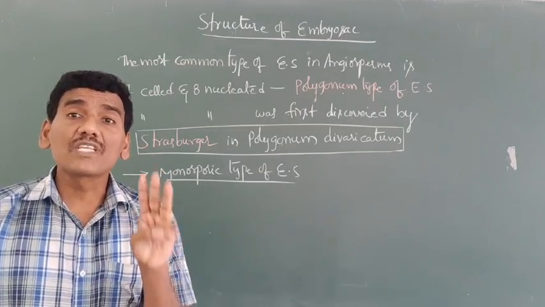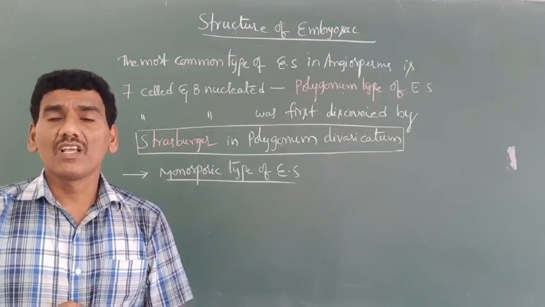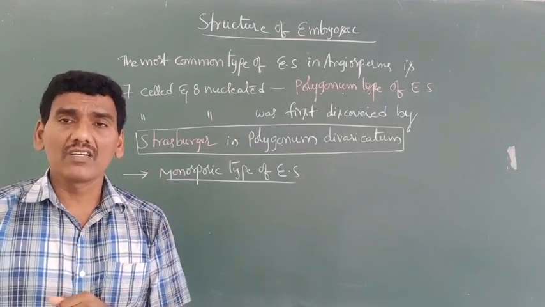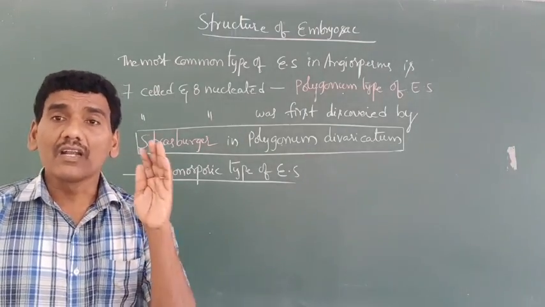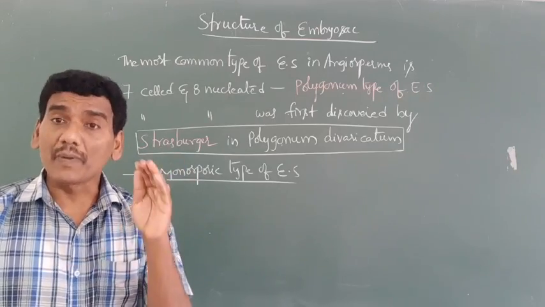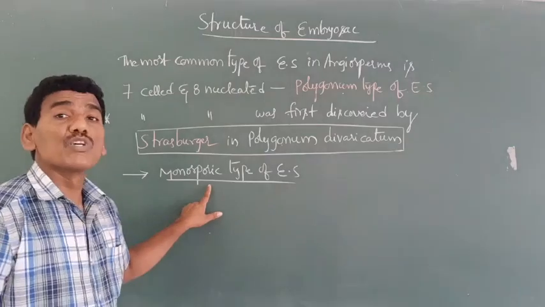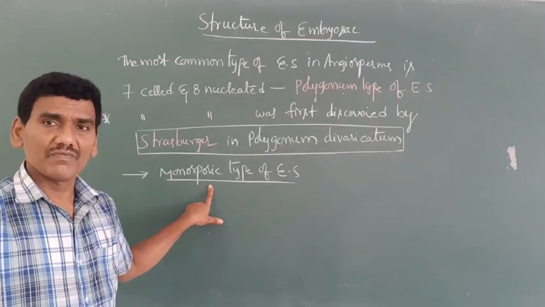The first is the monosporic type, the second is the bisporic type, and the third is the tetrasporic type. These 3 types are present in different groups of plants. Among them, the most common type present in all groups of plants is the monosporic type of embryo sac.